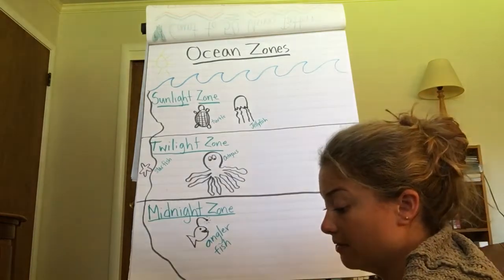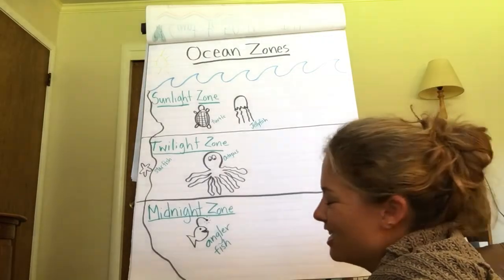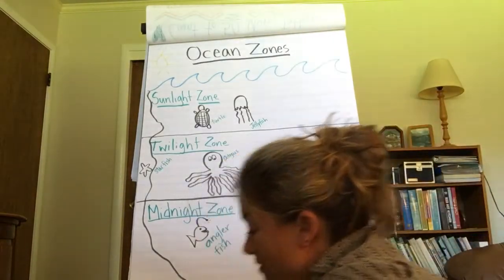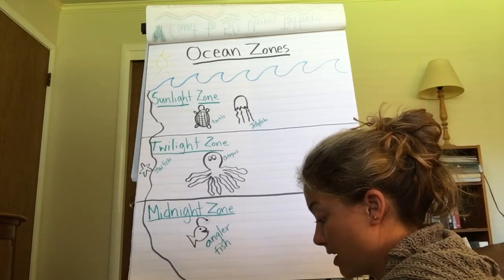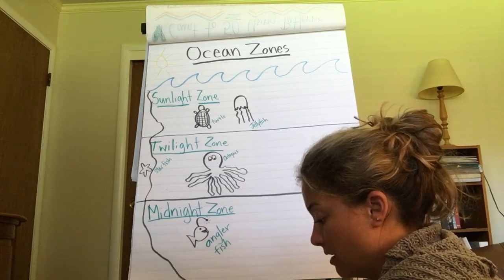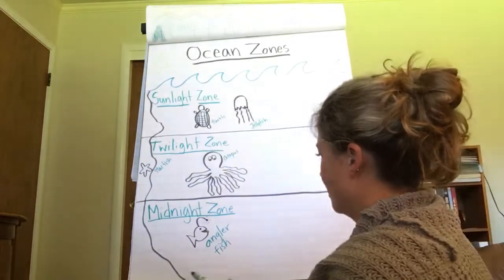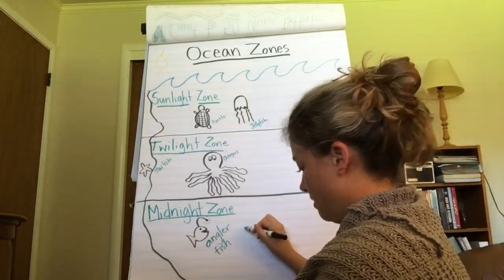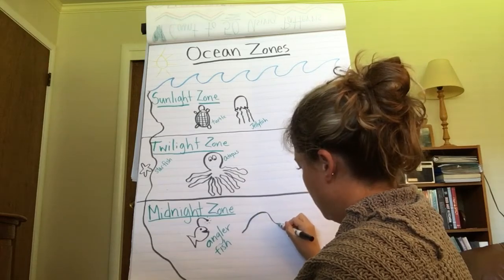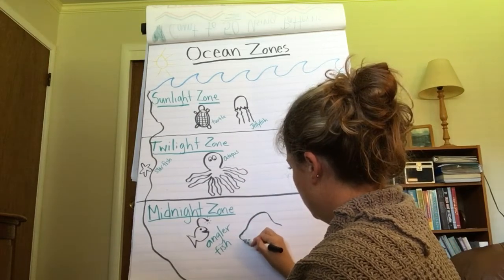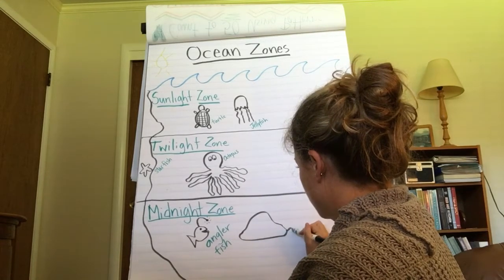Another animal that lives in the midnight zone. This one's kind of funny. Are you ready? This animal is called a blobfish. Now, a blobfish, I need to look at a picture to make sure I draw him correctly. Here's what he looks like. Ready? Ta-da! Oh, he's funny looking. So he kind of looks like a blob. All right. So he has kind of a round head. His fins come out the side.